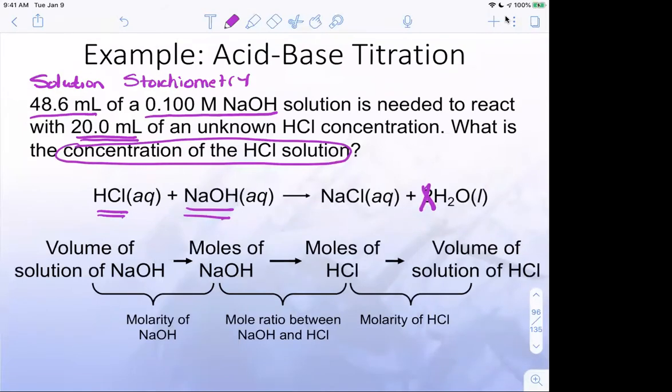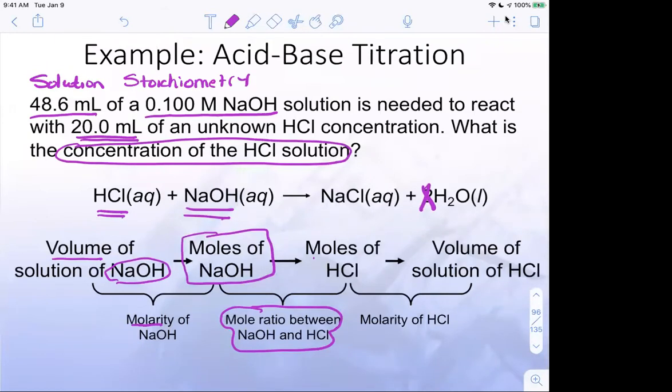So by knowing the volume of the sodium hydroxide and the molarity, remember that allows me to calculate moles of sodium hydroxide. I can use the balanced chemical equation to figure out that stoichiometric mole ratio between the two reactants.